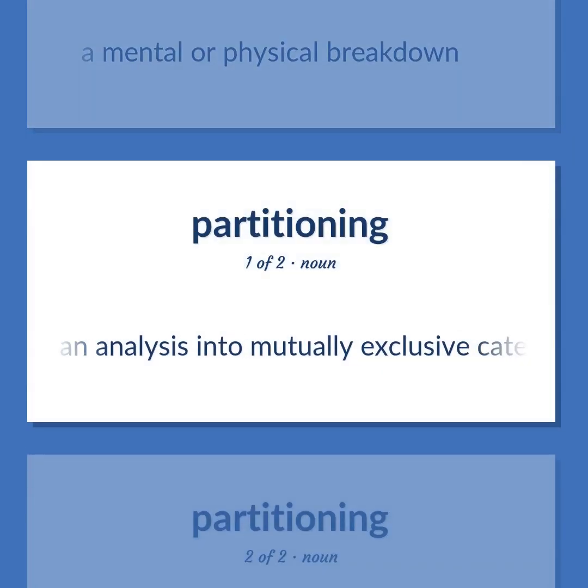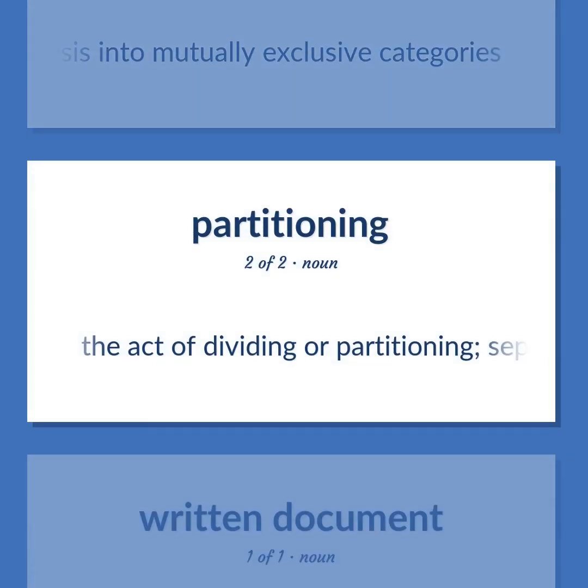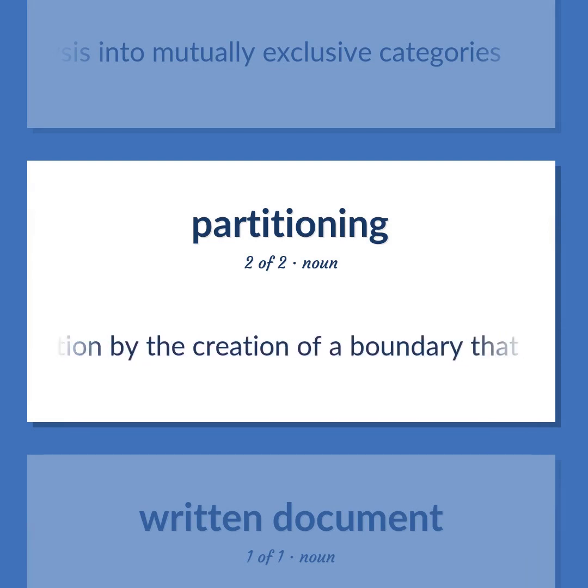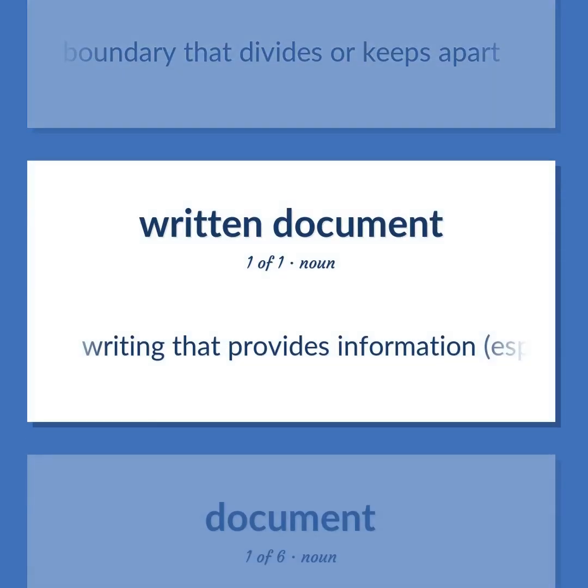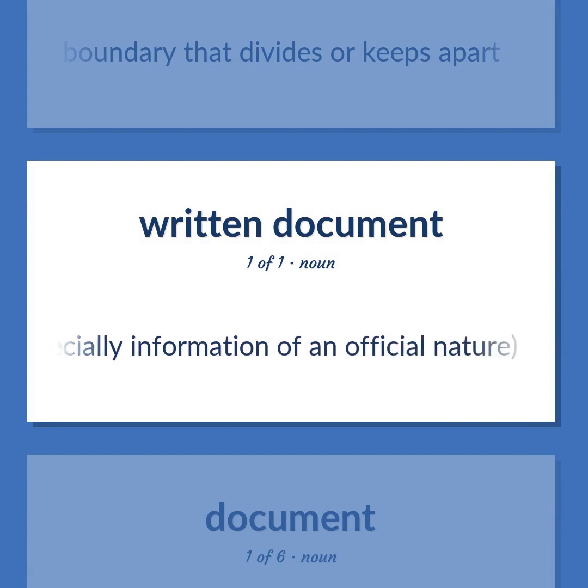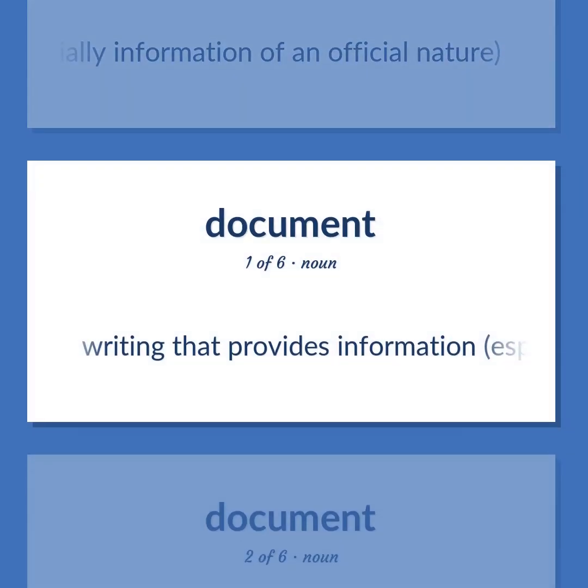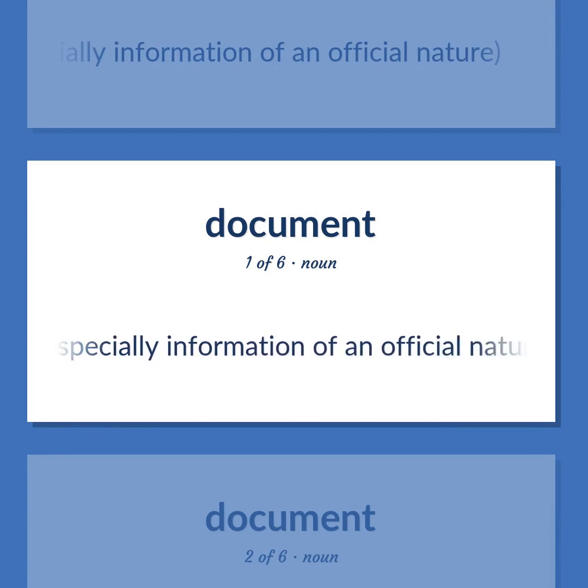An analysis into mutually exclusive categories. The act of dividing or partitioning. Separation by the creation of a boundary that divides or keeps apart. Writing that provides information, especially information of an official nature.